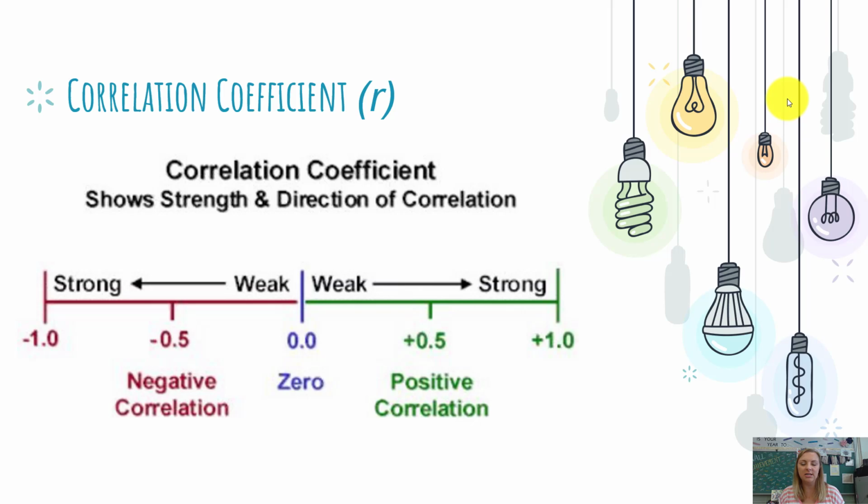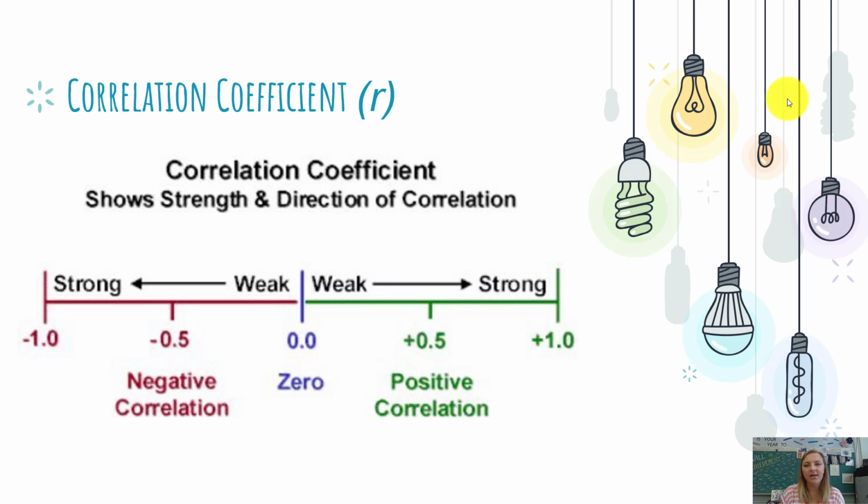As something increases, the other increases. A negative correlation is going to tell us that our variables have an inverse relationship, meaning as one increases, the other decreases. So that's the first thing that you're going to look at, is that positive or negative. And it tells us the direction of our correlation.